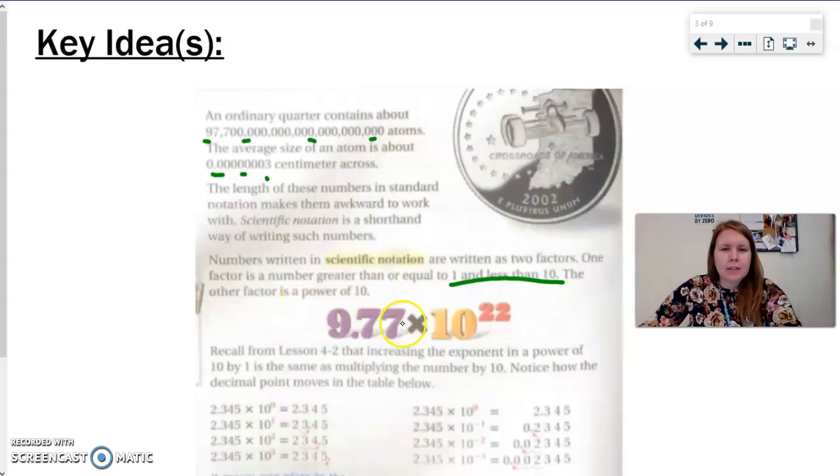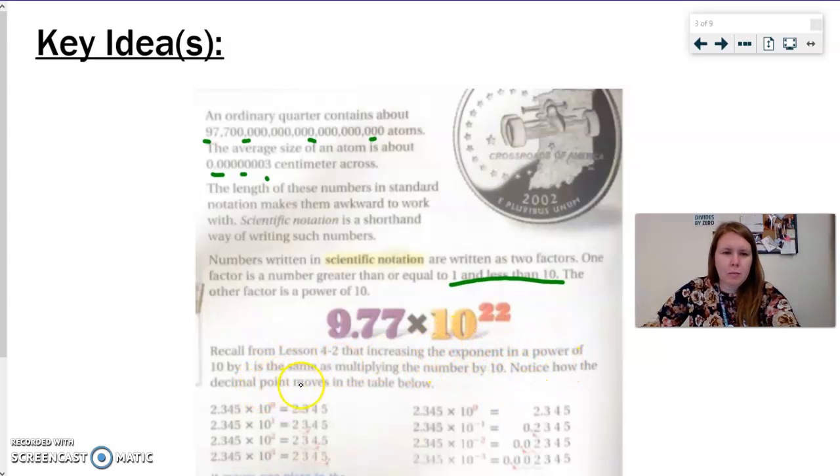The other factor is a power of 10. So I'm always going to see some number between 1 and 10, and then I'm always going to see it being multiplied by 10 to some sort of power. Recall from lesson 4.2 that increasing the exponent in a power of 10 by 1 is the same as multiplying the number by 10.